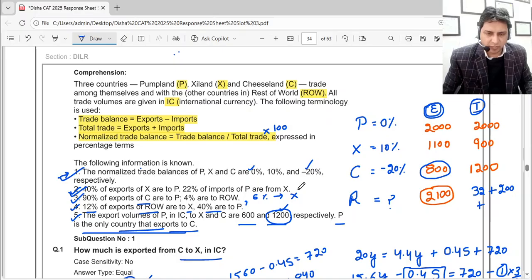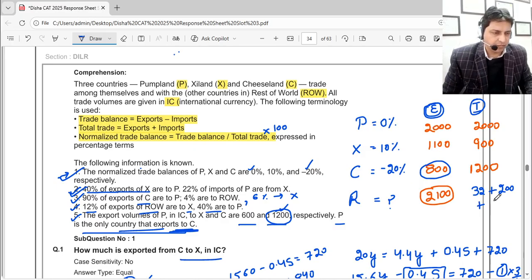From X, here it is, 40% of export of X to P, that means 60% is going to be to R, because C is not going to receive any other import.